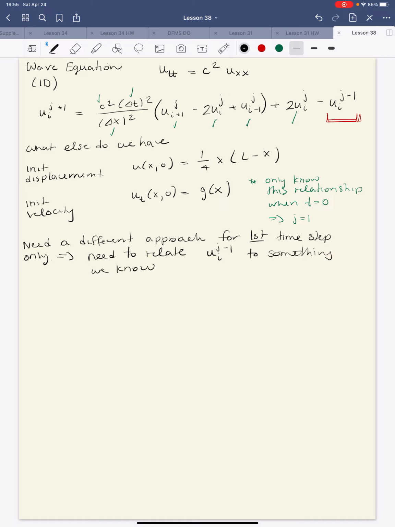Well, we know finite difference methods, and one thing that we haven't actually looked into is this initial velocity. Let me underline this. So it seems like we could actually use finite difference methods to get a general idea of what the first derivative is. And remember that the name of the game here is we're trying to relate this u sub i, j minus 1. So the finite difference method we use needs to probably have this j minus 1 term in it.